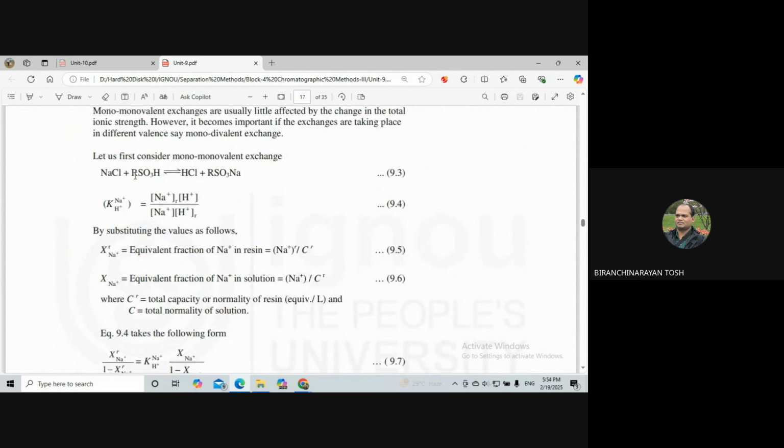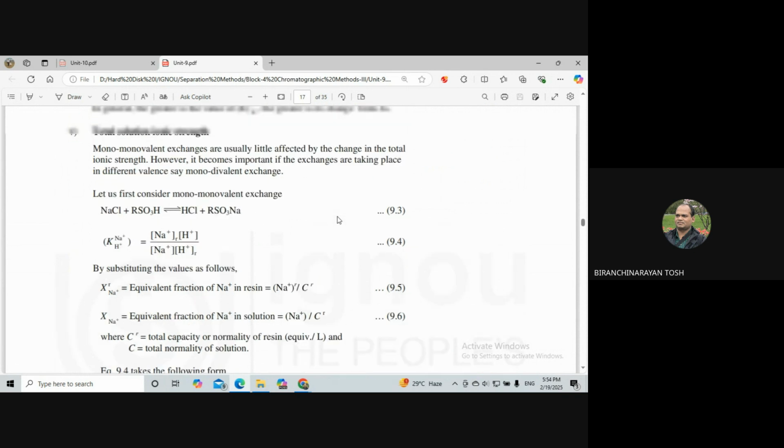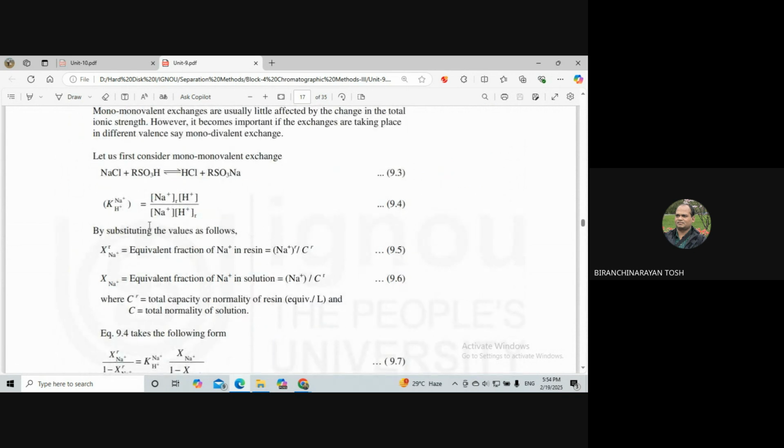Sodium chloride with RSO3H, monovalent, so H will replace Na, and we will get HCl and RSO3Na. So the exchange constant will have Na+ in resin and H+ in solution, over Na+ in solution and H+ in resin.